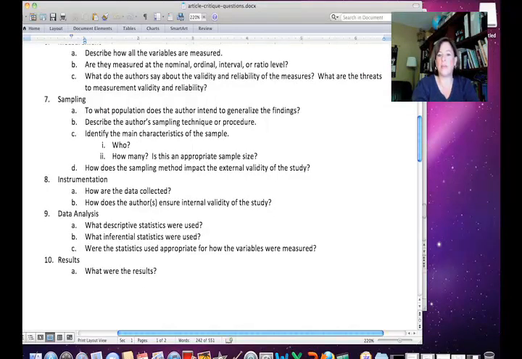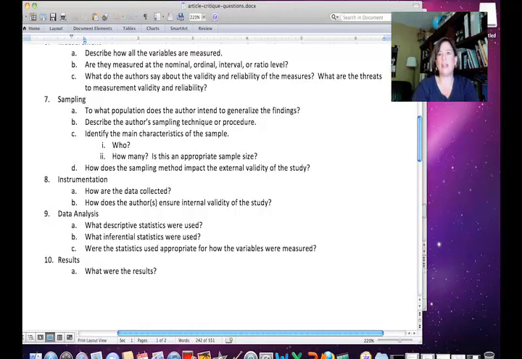Sampling, number 7. To what population does the author intend to generalize the findings? Meaning, not the audience for the research, but taking a look at the sample. What is the larger population of that sample?